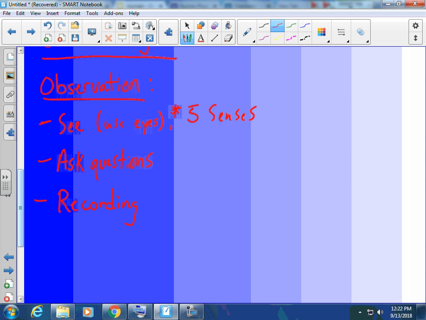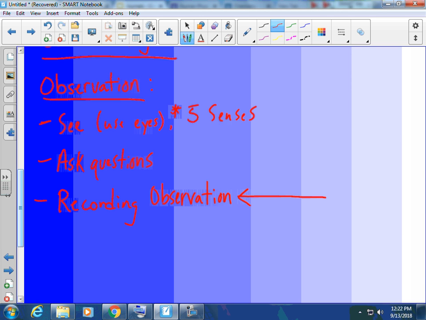Got to make sure we're recording the observation. And I'm going to put an arrow next to this because as we're making observations, that piece of paper you have right in front of you right now that you're writing on, you got to make sure you're writing things down.